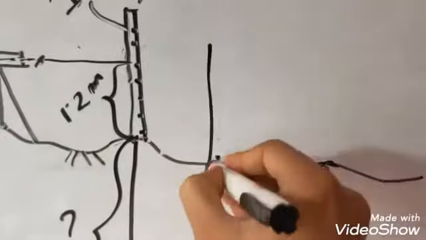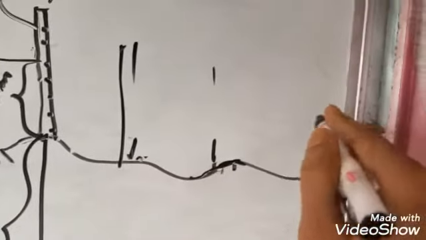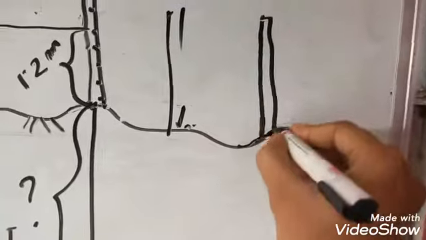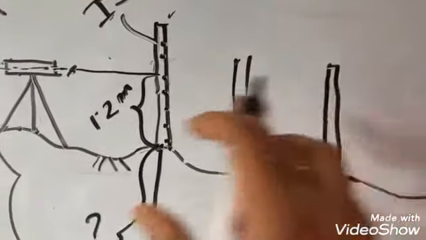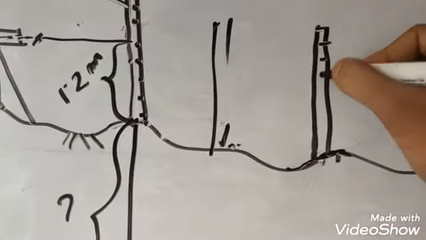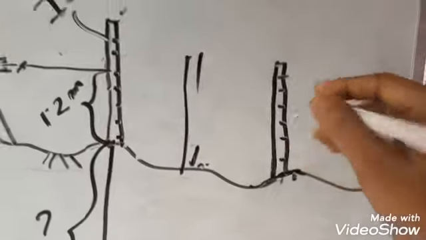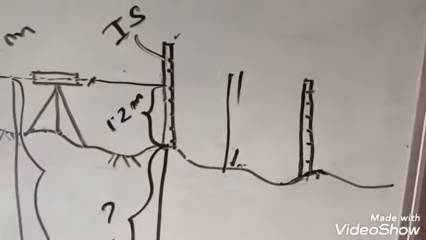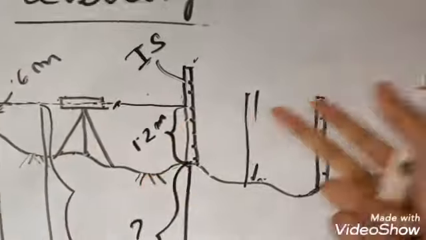Suppose we are taking readings at various points, moving in this direction, and beyond this point we are not being able to see the readings or the graduation of the scale very clearly because it is beyond the capacity of the telescope.